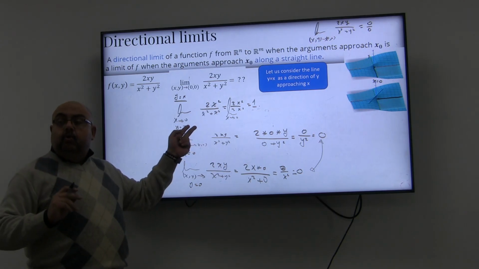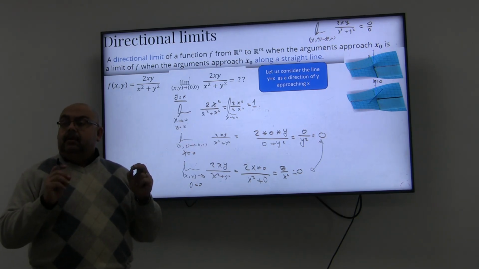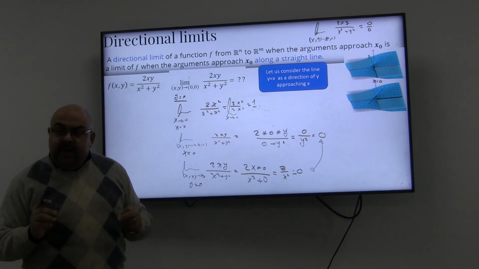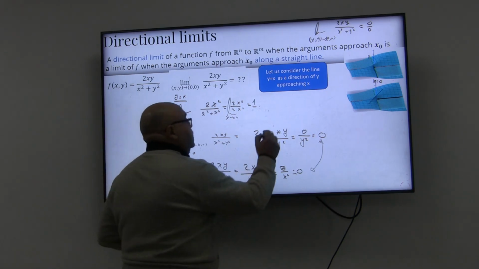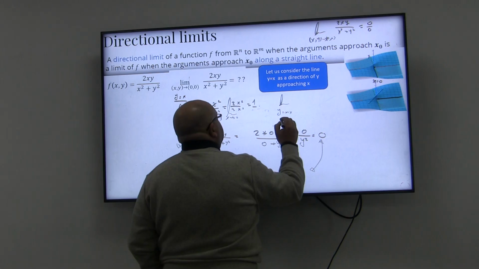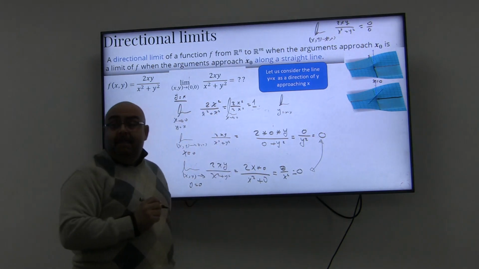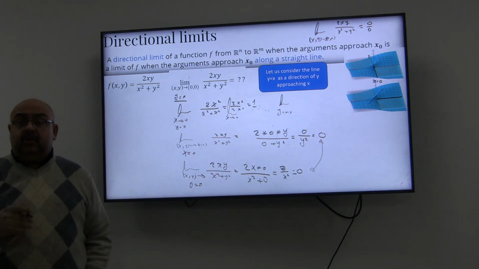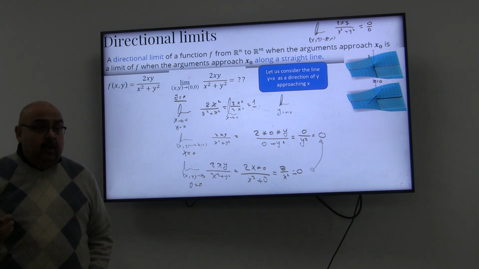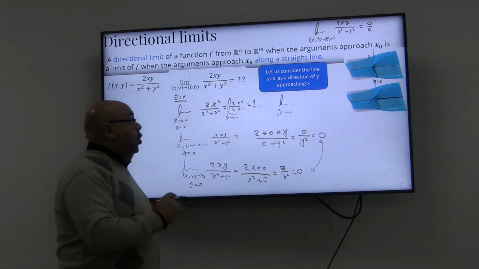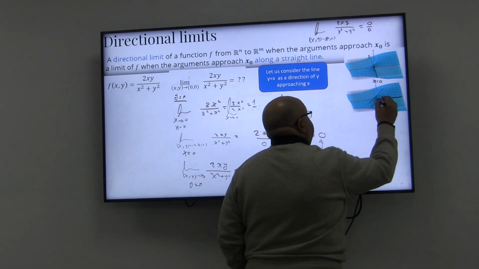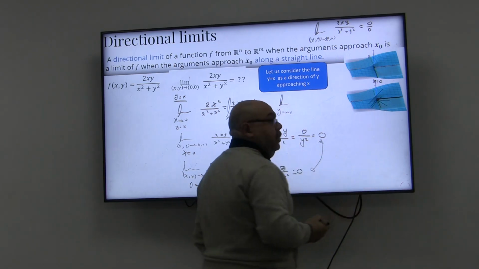Okay Ziad, what if I used a general equation of a line passing through the origin? Like what? Like this, look: y equal to mx. Y equal to mx means y equal to 2x, y equal to x, y equal to 3x, whatever, or even on the negative side. All of them are lines from anywhere in the domain also approaching the origin.